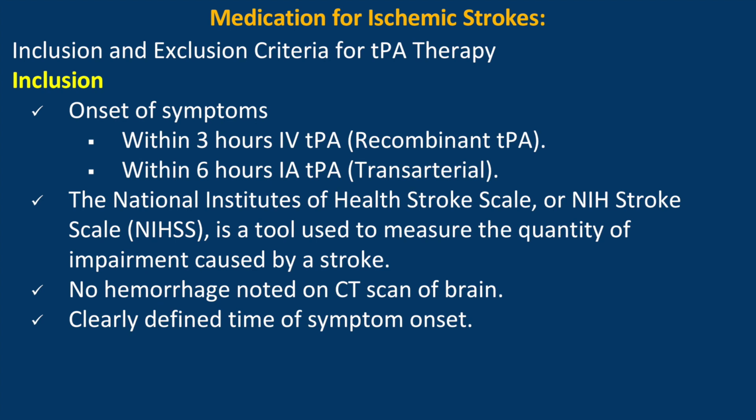The National Institutes of Health Stroke Scale, or NIH Stroke Scale, is a tool used to measure the quantity of impairment caused by a stroke. No hemorrhage should be noted on CT scan of brain. Clearly defined time of onset of symptoms.